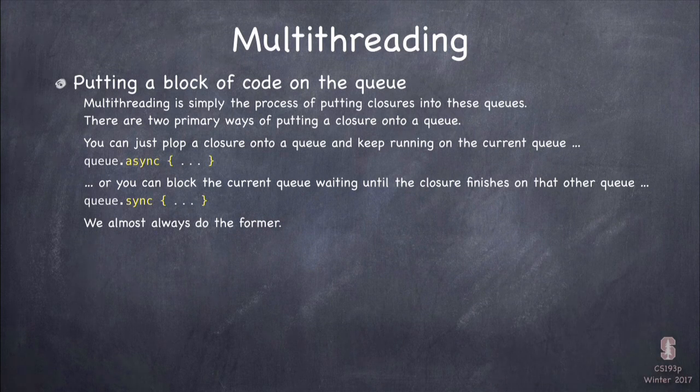It could say main queue.sync this code. Now that code would be put on the main queue. Sometime later, we don't know when, it would run on the main queue. Once it's done, then your thread, the queue that issued this, would continue. Okay, make sense? So we would only do this sync from code that is not on the main queue, because we never want to block the main queue.